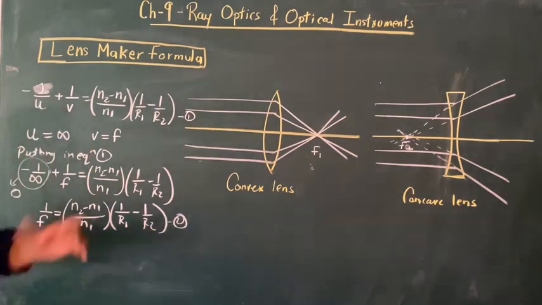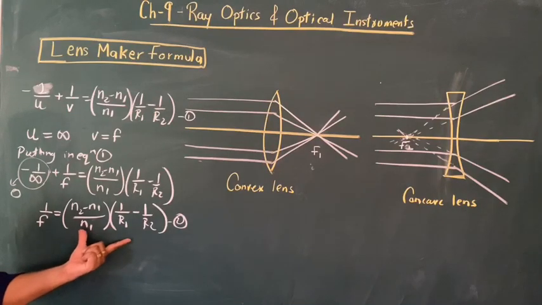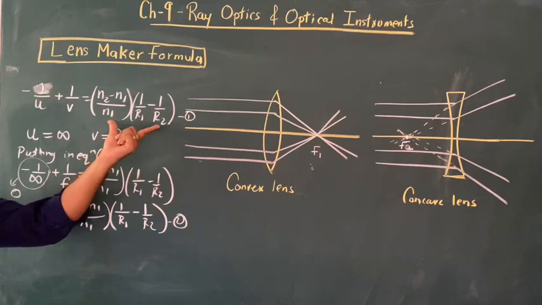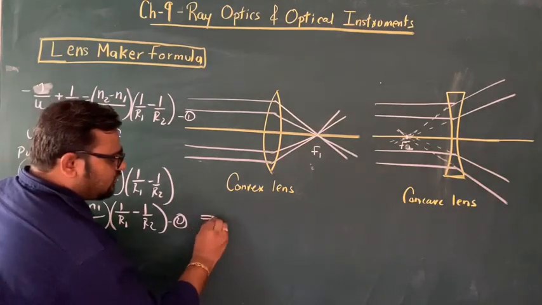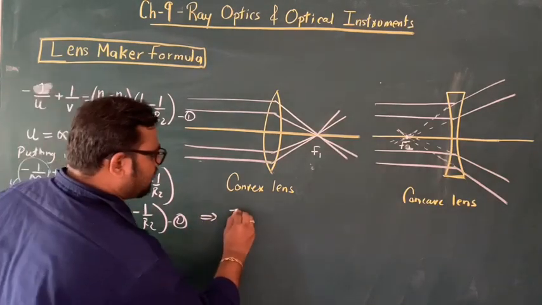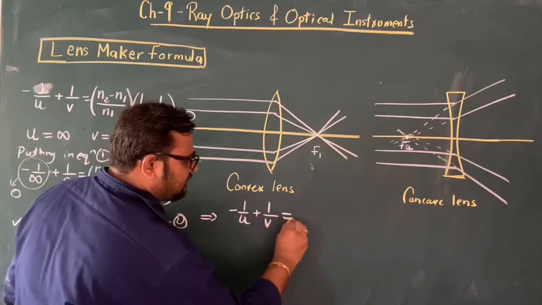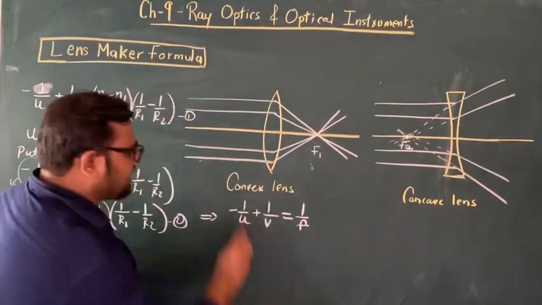Now see, compare equation 1 and equation 2. Instead of n2 minus n1 upon n1 into 1 by r1 minus 1 by r2, I can write 1 by f. So this gives us the formula minus 1 by u plus 1 by v equals 1 by f.